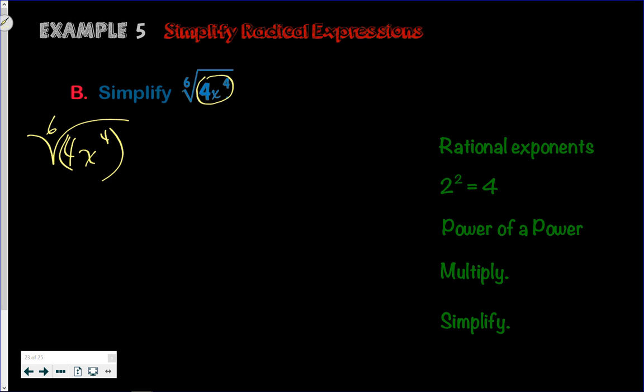I'm going to put it in parentheses and then put an exponent of 1 right out to the side of it. Okay? Then, what I'm going to do is I'm going to change it: 4x to the 4th, put it in parentheses, and then make that 1/6.